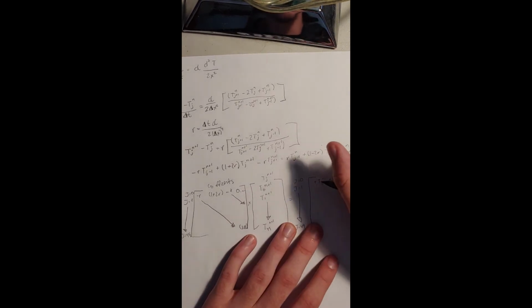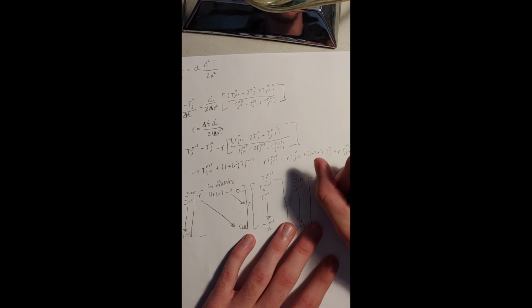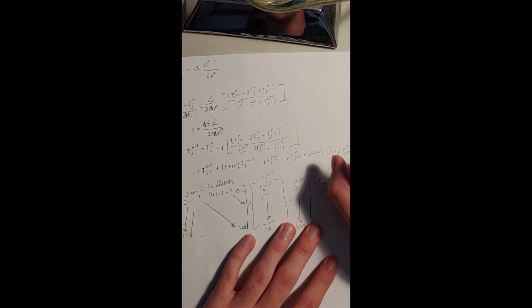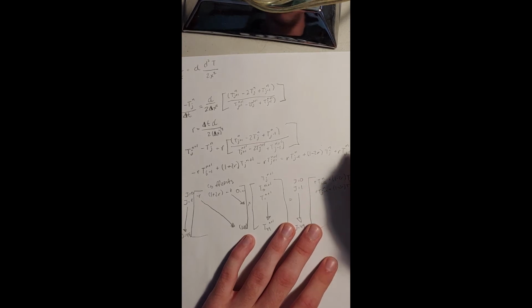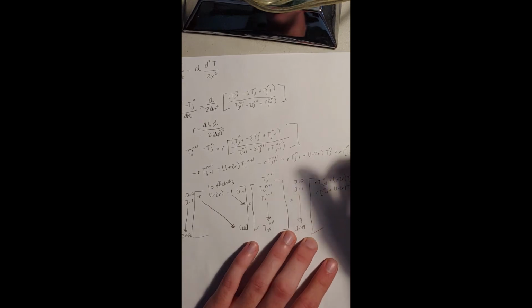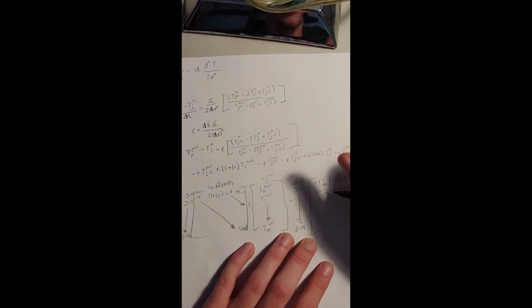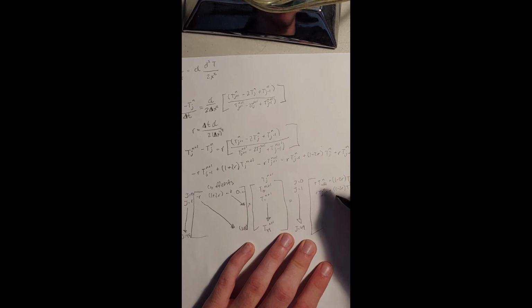This is the left boundary. And then the next one, when j equals 1, we get r T_(j-1)^(n+1) minus 2r T_j^n plus r T_(j+1)^n. Now, this one happens to be the same all the way down until you get to j equals 49.